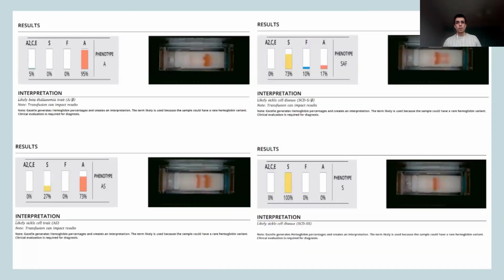These are a couple of results that we extracted from our validation data for Hemex. So you can see how it looks visually. This is the band you see on the analyzer when it's running, but it also gives you these results.